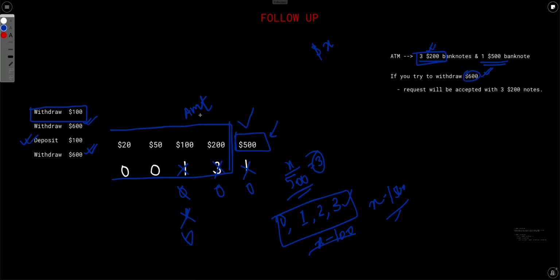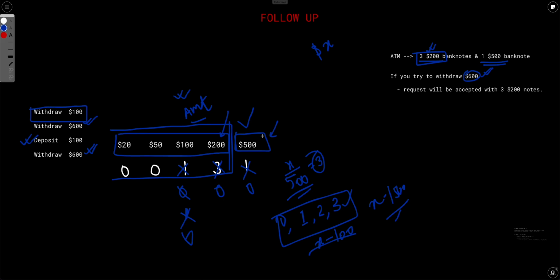What you are left with is some amount, and now you will start with the 200 rupee note. So you have reduced the problem into a subproblem of the same kind. Previously we had to serve the request of withdrawal of X dollars using denominations of this kind, but now we have to serve the request of withdrawal of this amount using only these denominations.